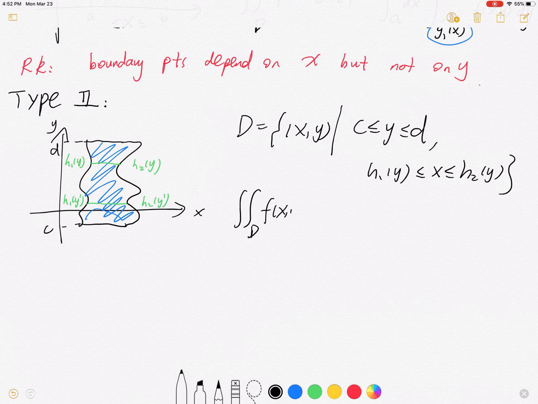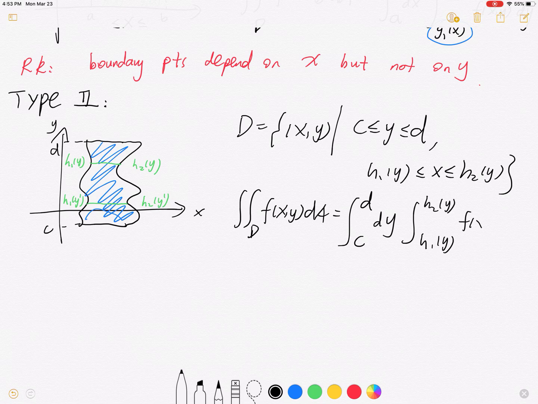And therefore, the integral has a natural representation as an iterated integral as follows. You integrate x first from h1 to h2, and then you integrate y from c to d.